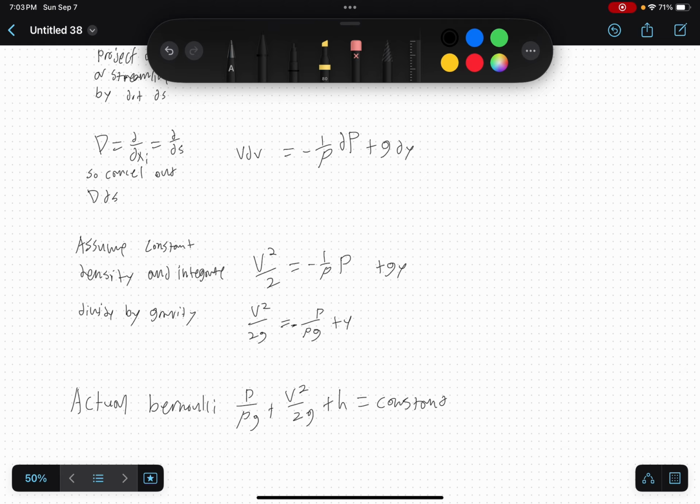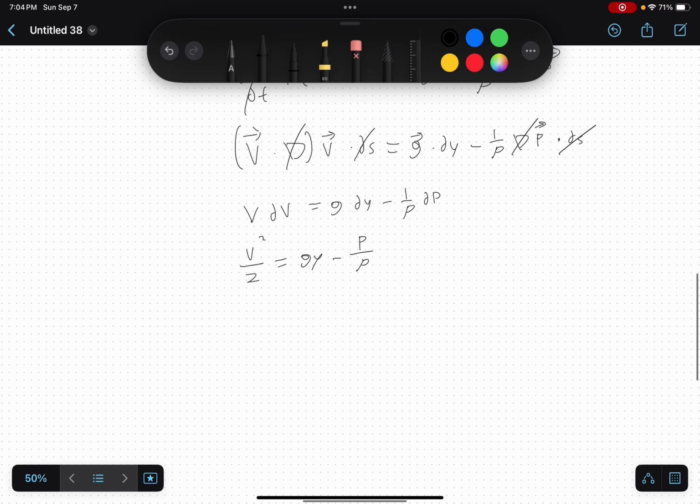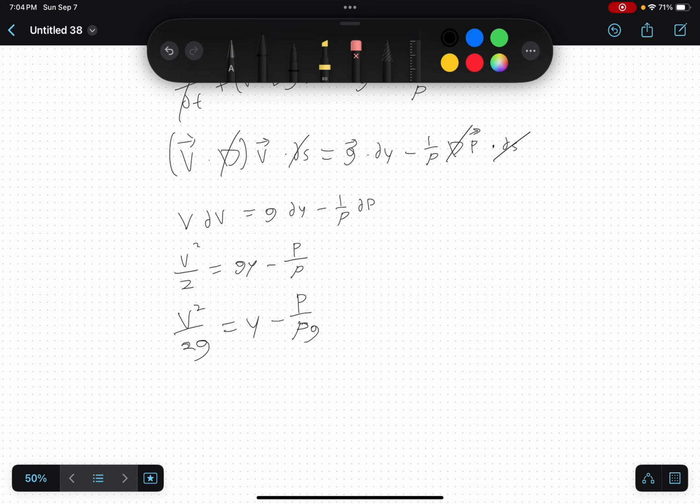And then to get it into the form that I like, you just divide by gravity. So you get v squared over 2g equals h, or you can leave it as y, minus p over rho g. And that is literally it.